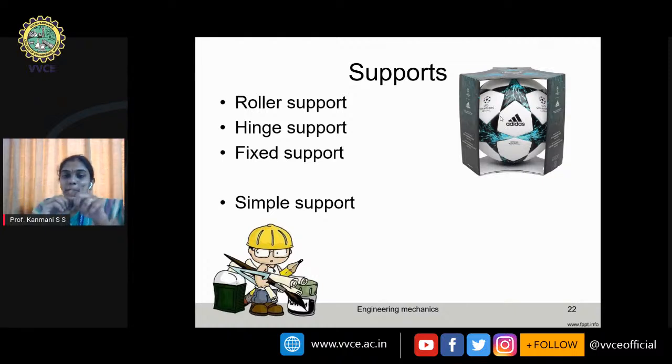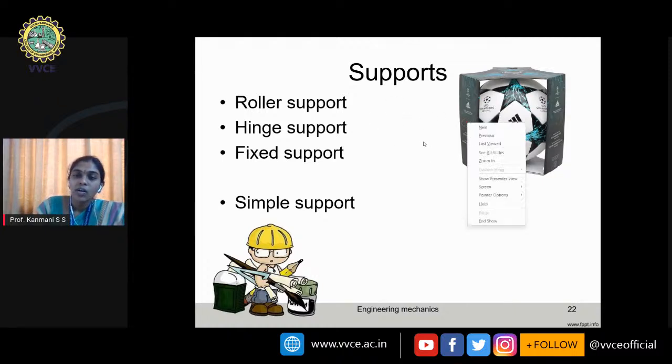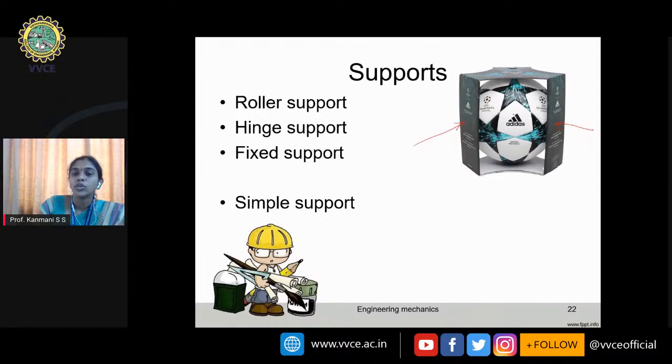How many reactions are applied? At all its contact points, there is always a reaction like this, directed towards its centroid. Likewise, from the back side also, there will be a reaction like this to its center. So that's about a simple support.